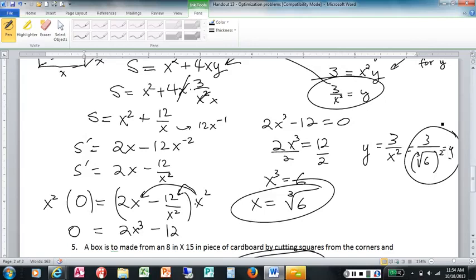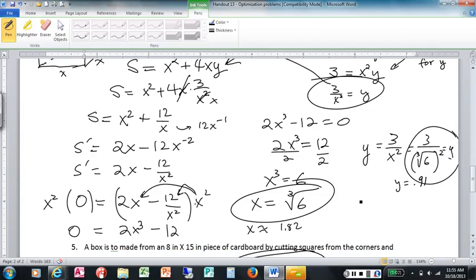See, the cube root of 6 is, thank you, 1.82, and the y is 0.91. Again, just FYI for you here.